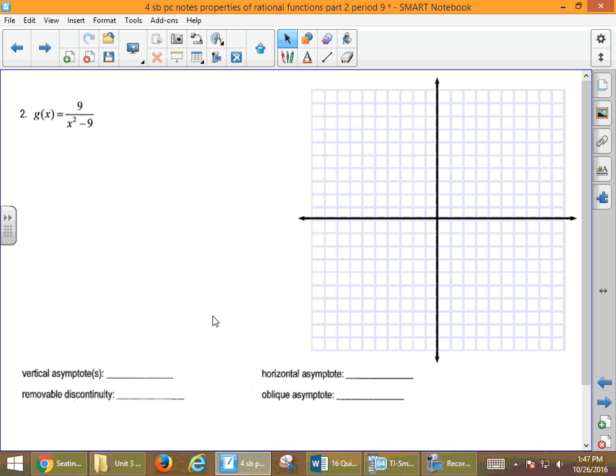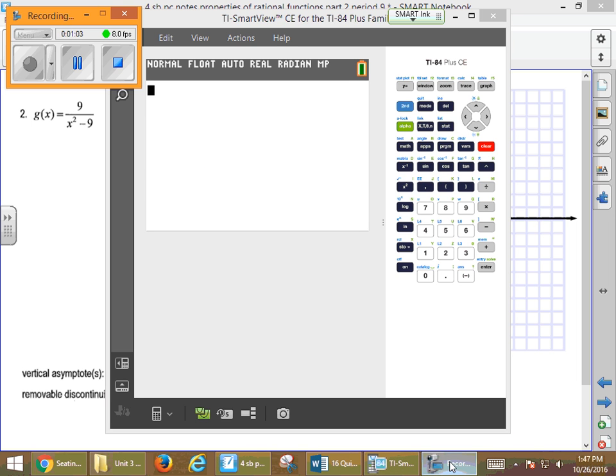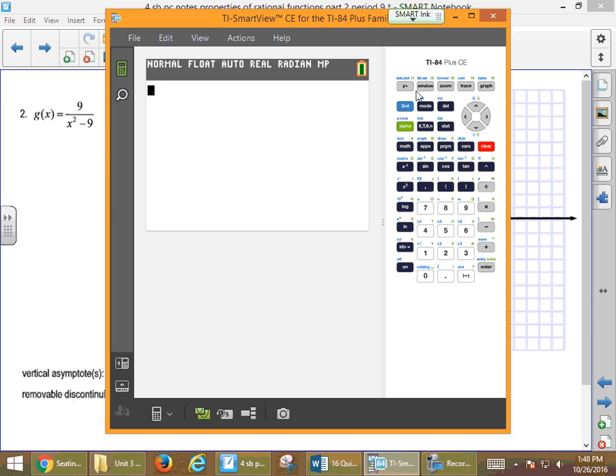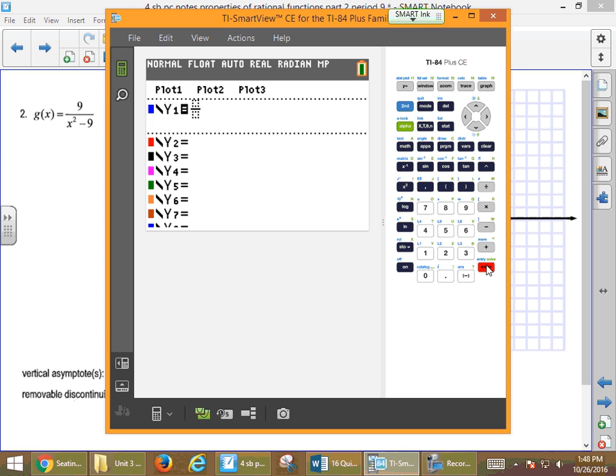So I'm going to take a little bit different perspective here on problem number 2. Let's start by graphing in our calculator. I'm not going to graph it on the screen yet, but let's look at it on the calculator. So if we type this into the calculator, we're going to go to y equals, and then we're going to type in 9 divided by x squared minus 9.